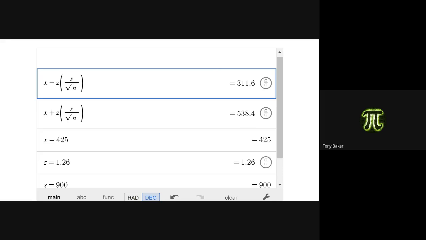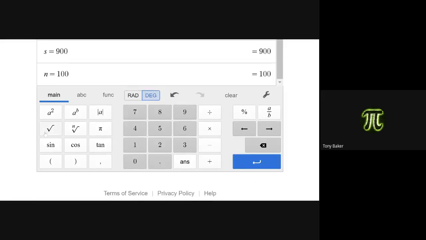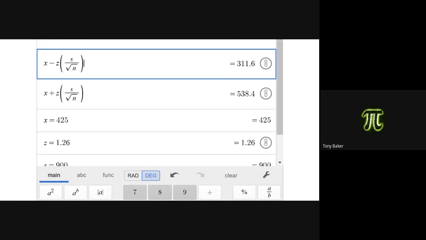Click on the button that looks like a square root symbol. Make sure you're on your main screen, not the ABC button, because you have a keyboard for that. And then put the N.